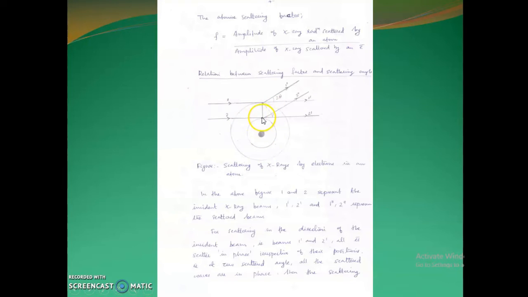It can either propagate in the same way, 1 prime and 2 prime, or it can get scattered at an angle 2 theta. When it is scattered in this way, 1 dash and 2 dash, the angle theta is 0, so it is in phase with the incident radiation, and here it is making an angle of 2 theta with the incident radiation.